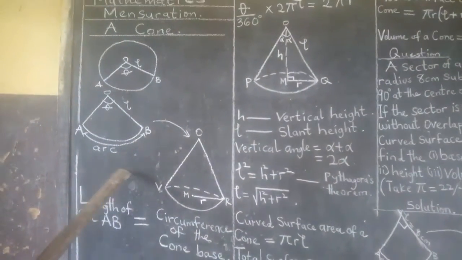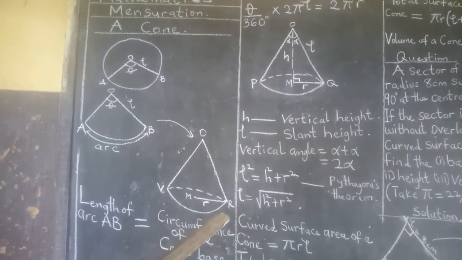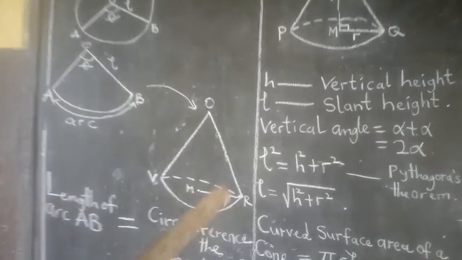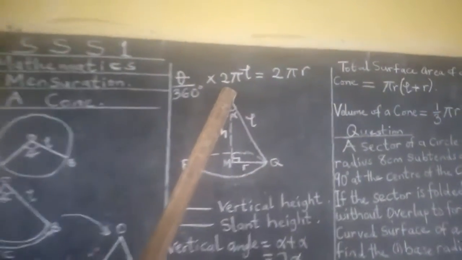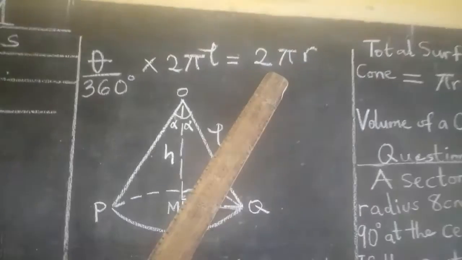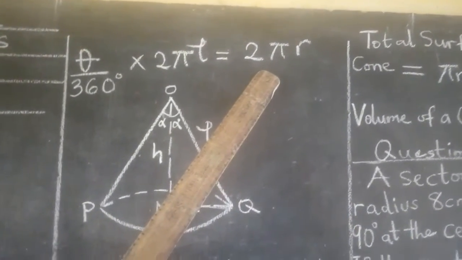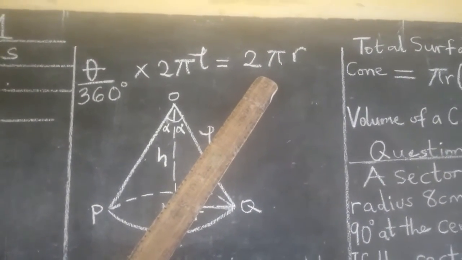Now in relation to the base of the cone, that is 2 pi R. So here we are saying theta over 360 degrees times 2 pi L is equal to 2 pi R. This is an important result.